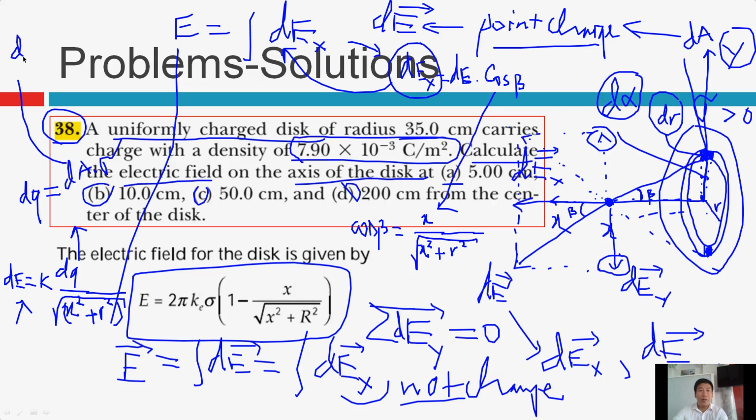It should equal dr multiplied by this length. I call it dl. How to calculate dl? dl is caused by this angle, d alpha, right? So dl needs to equal d alpha multiplied by r. Got it?